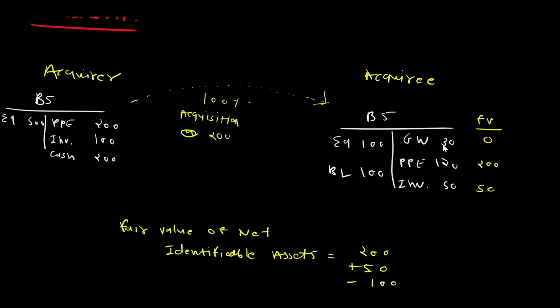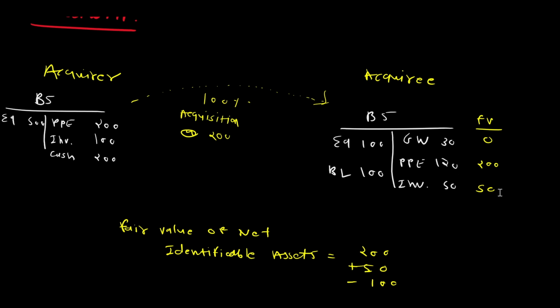So I'll check the fair value of its assets, and then I will show those assets and liabilities in my books. While checking, I found that the goodwill has no fair value. PPE has 200 rupees of fair value, but he shows only 120.